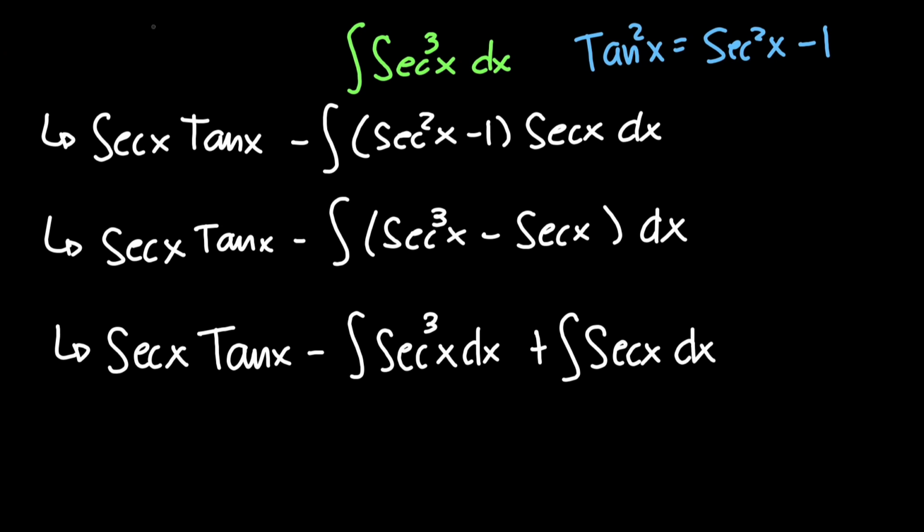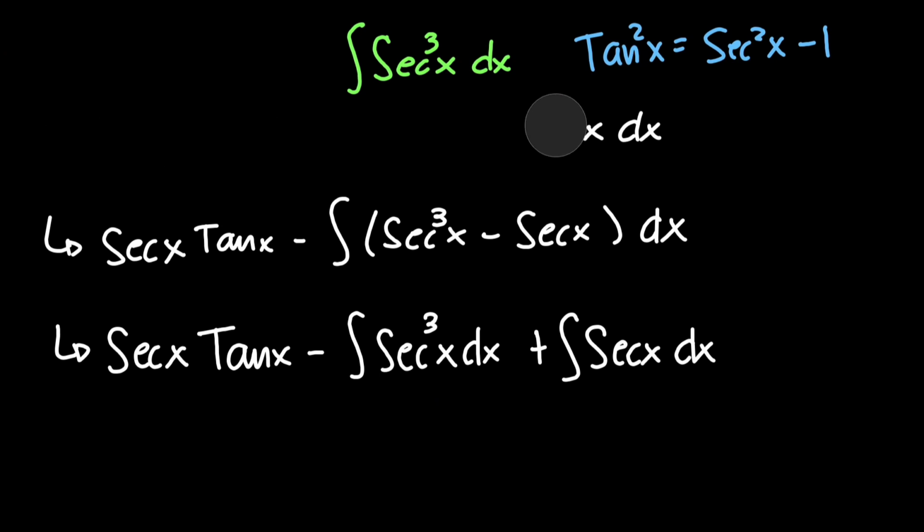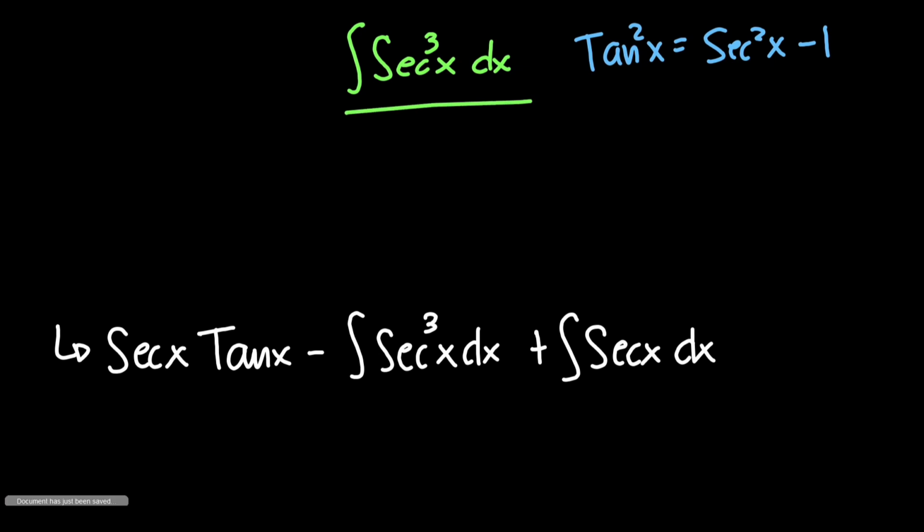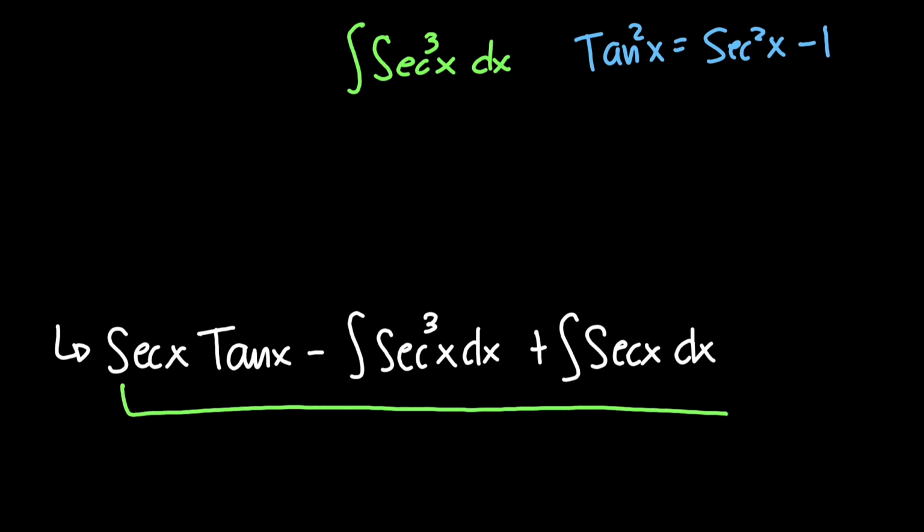If you can notice, we have an integral of secant cube of x, which is actually our problem right here. You might think that we are stuck in a loop because we would have to do it again. But no, there's actually a simpler way. If you had analyzed it, this secant cube of x is actually equal to this value right here. We just modified it. And now we can actually equate these to each other.